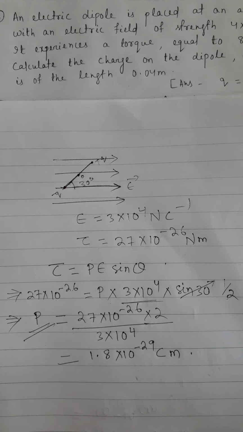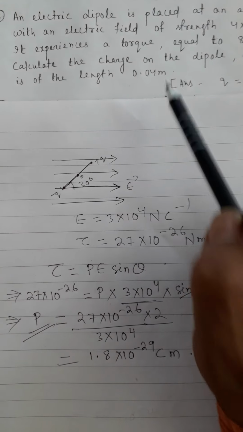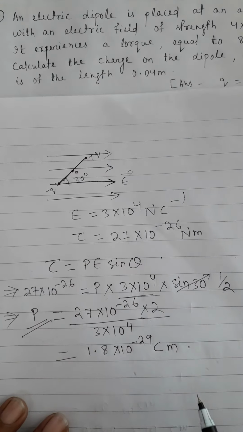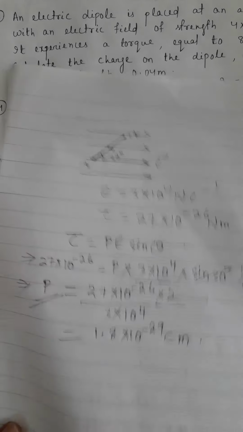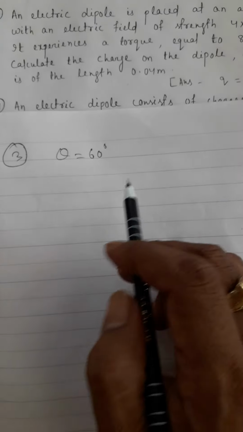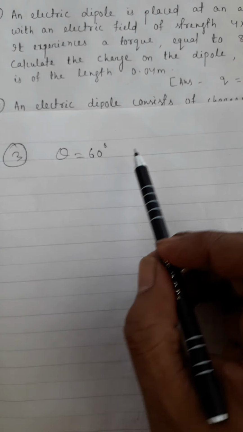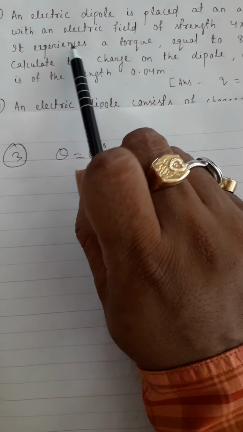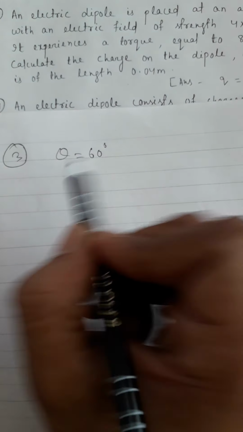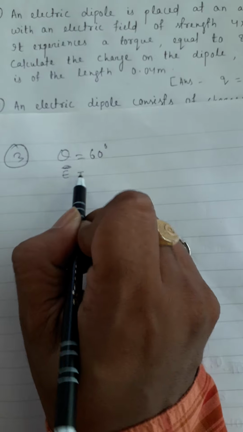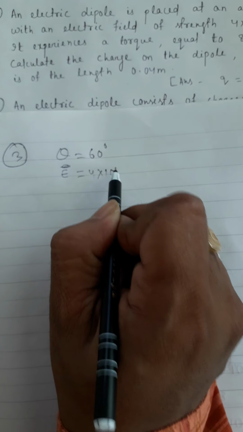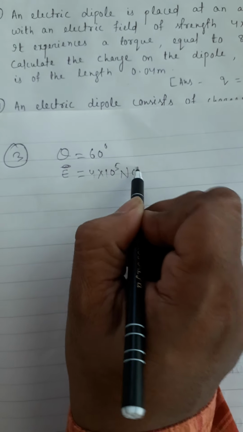Next come to the third one, that is an electric dipole is placed at an angle 60 degree. So theta is given 60 degree, and with an electric field of strength, the magnitude of electric field strength is given, that is 4 into 10 to the power 5 Newton Coulomb inverse.